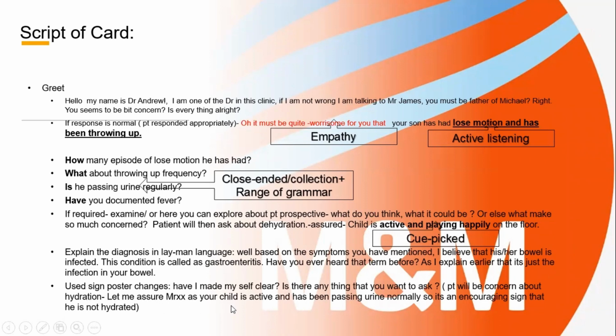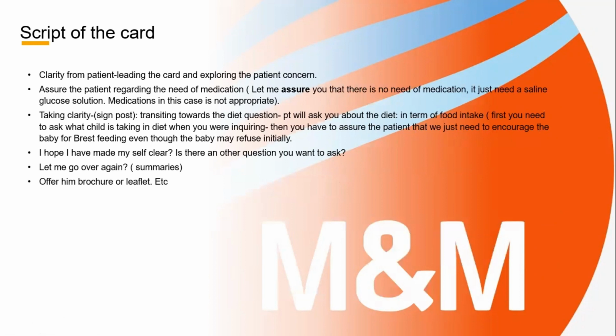Let me show Mr. X the child is active and has been passing urine normally. So reassure that he's not dehydrated. An encouraging sign, for example. Then ask for clarity by exploring if there is any concern that remains unaddressed. And again, assure the patient regarding the lack of need for medication. Right?